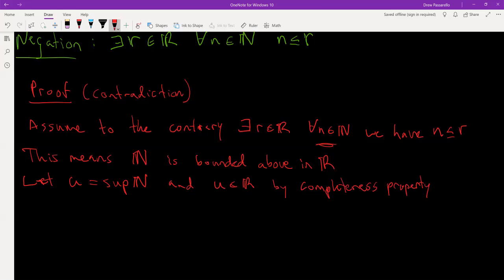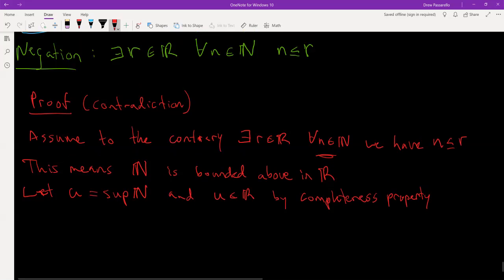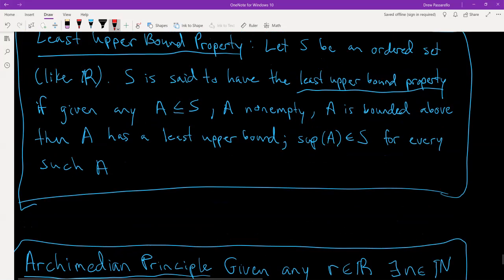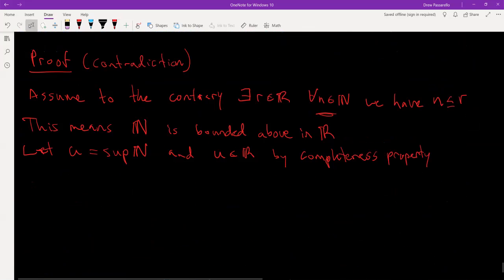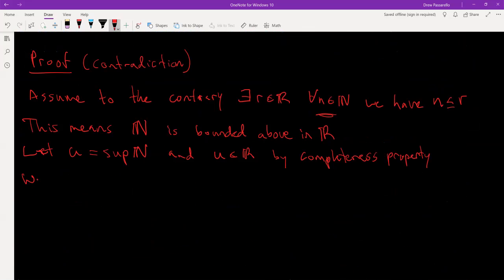And since this has to hold, as far as our supremum, we know that U is a supremum of some set S if and only if for all epsilon greater than 0, there exists an s in S where U minus epsilon is less than s.